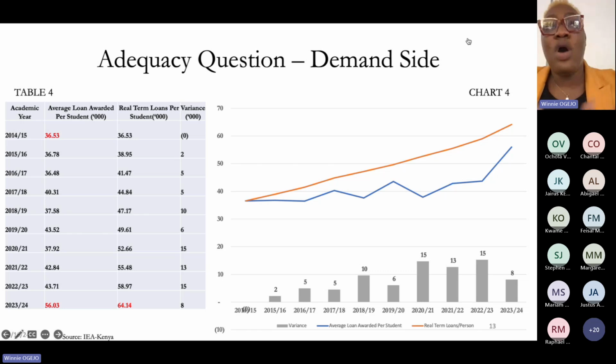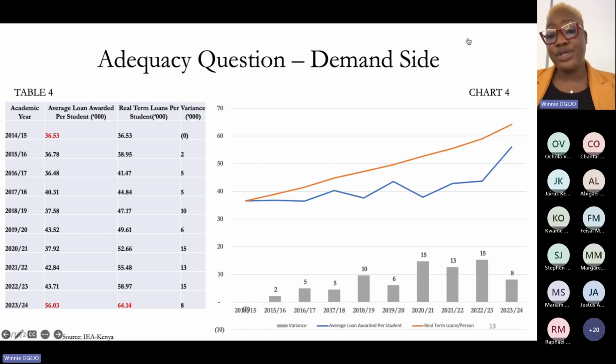So for our case, in arguing for adequacy, we chose to work with inflation. And remember, you cannot be comparing nominal values over a period of time. To compare those figures, you need to get the real term values for the nominal figures.